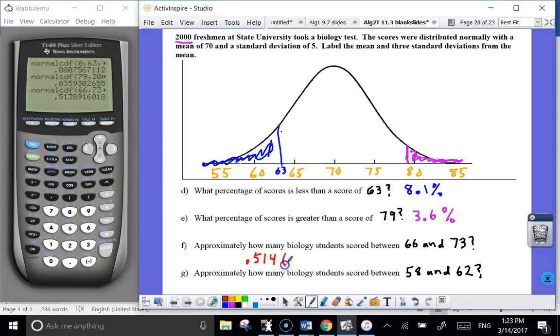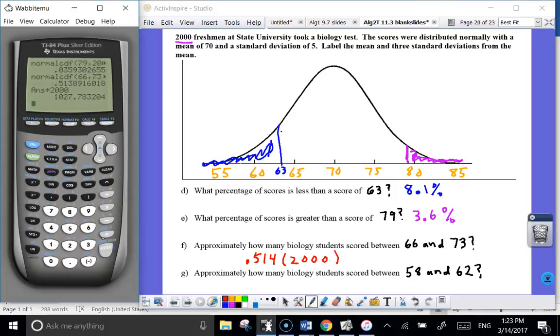But I need to multiply that times 2,000 to get the number of students. So right away, just say times 2,000. And it looks like 1027.7. So let's round it to the nearest student, 1028.